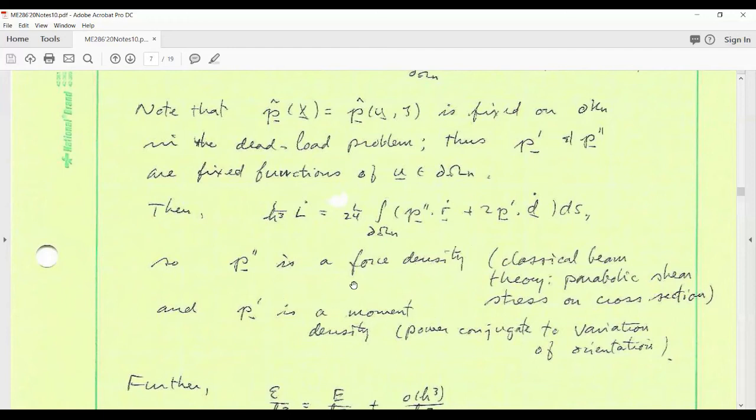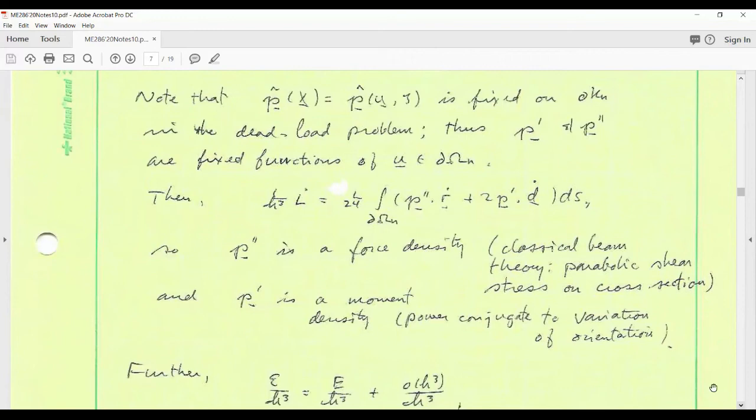Whereas p prime would tell you the slope of the traction, that would give you the linear part of the variation of the traction. That gives rise to a bending moment, right? The linear variation of stress through the thickness generates an overall bending moment. So these terms are entirely familiar and expected from the analogous beam bending problem, okay?